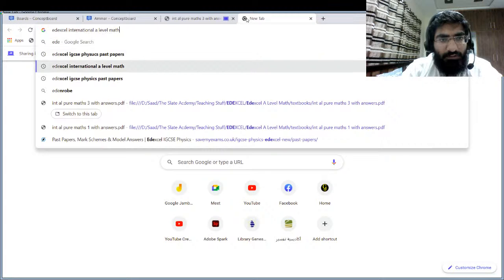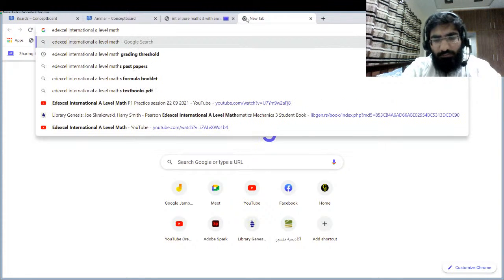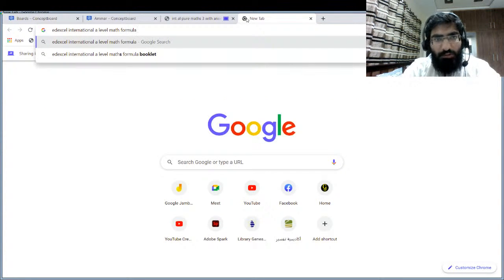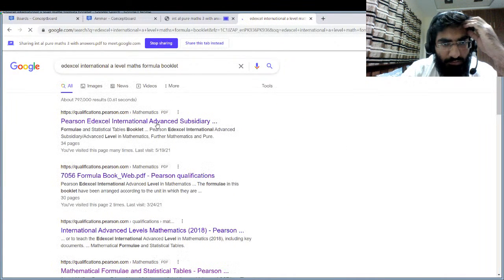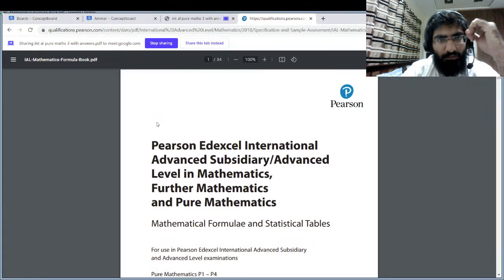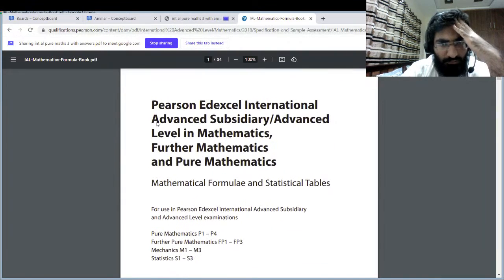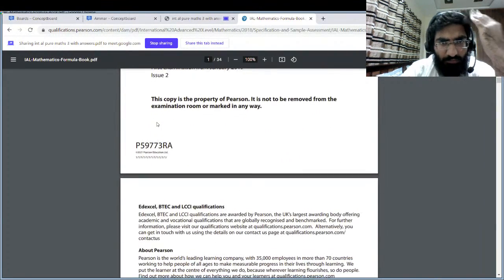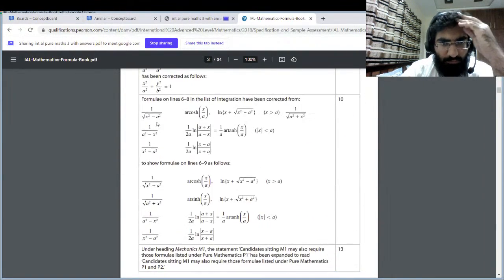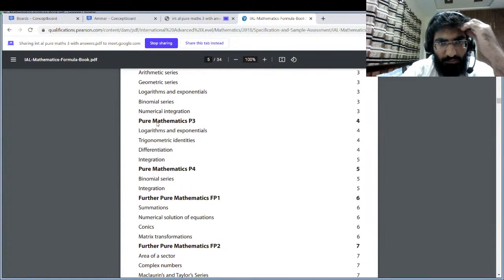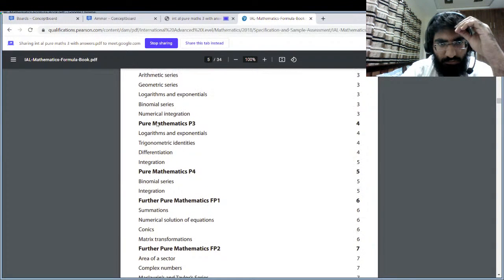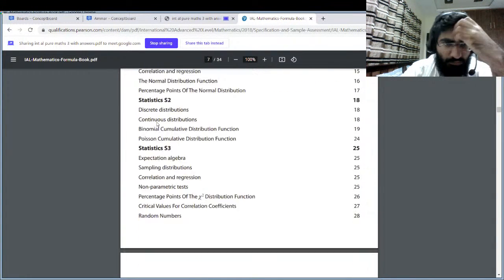Edexcel International A-level Maths. I mean, if they don't give these formulas, then what is the use of the booklet? They don't give the formulas that are required, just random other formulas. And what is the use, I say?